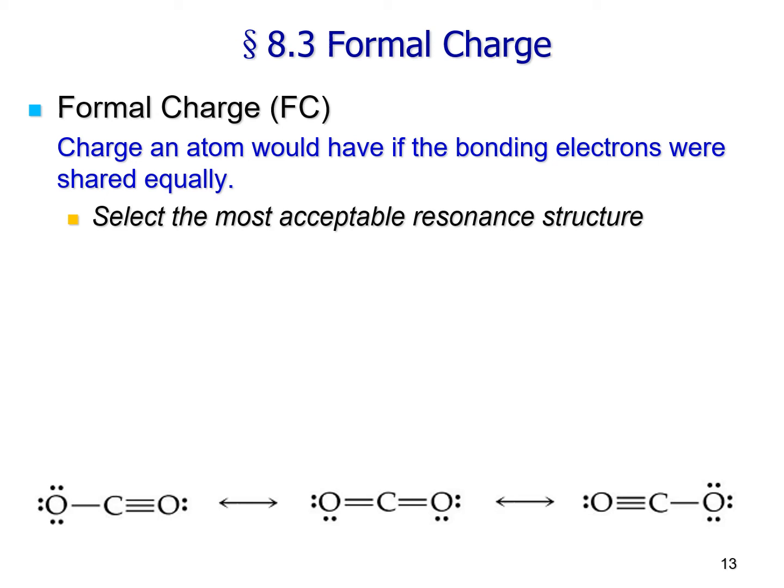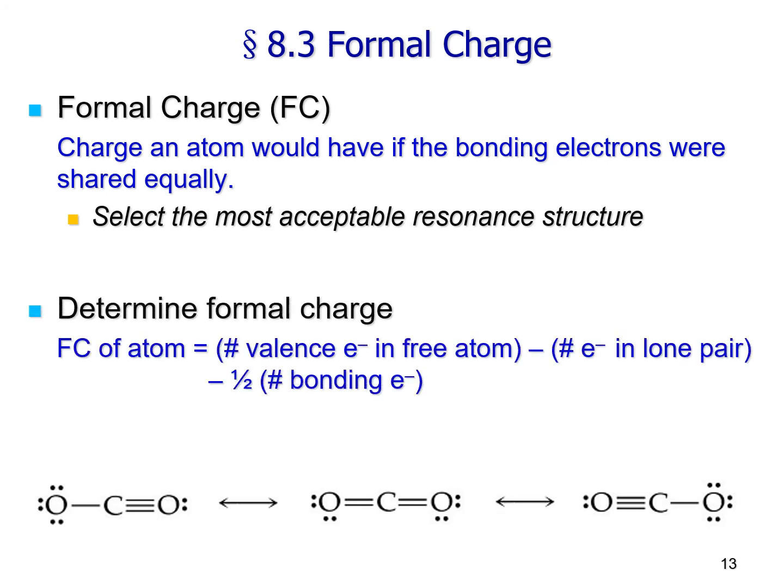From that statement, we can actually write up a mathematical equation for it. The formal charge, and we must have a reference. The reference will be the atom itself, so that means the number of valence electrons in the free atom. And there are only two possible ways for electrons around such an atom. Could it be a lone pair? Could it be a bonding pair, right? So we subtract the number of electrons in the lone pair.